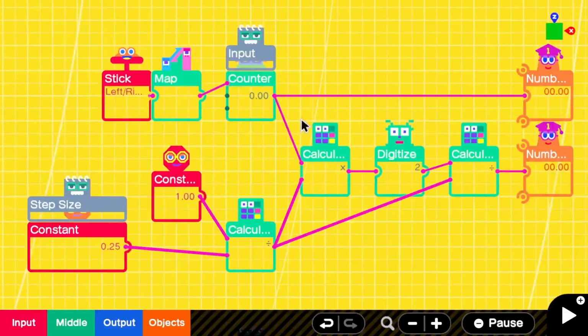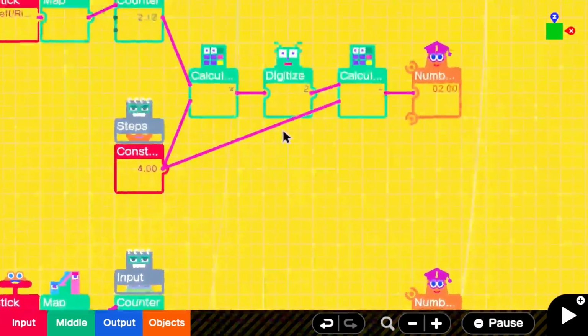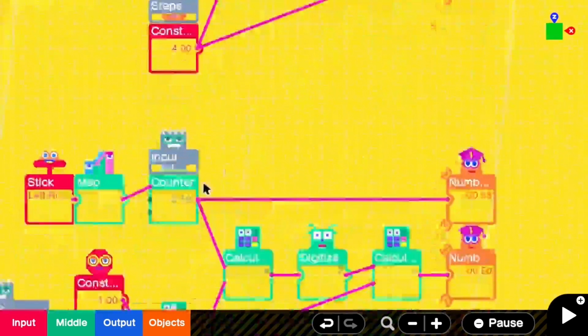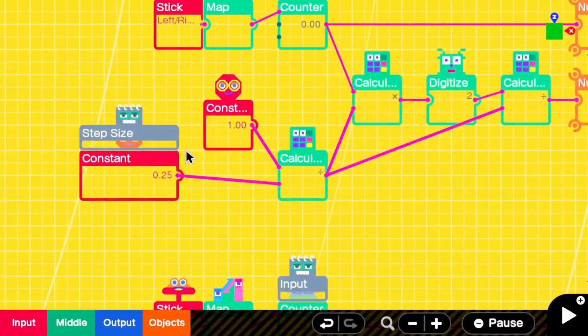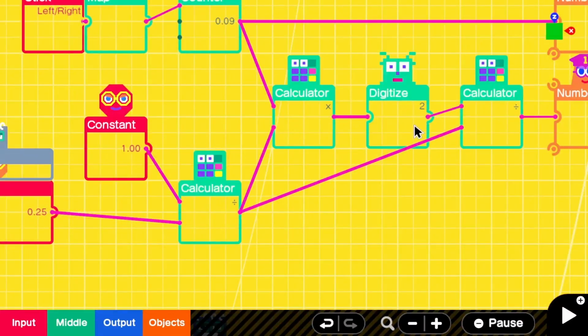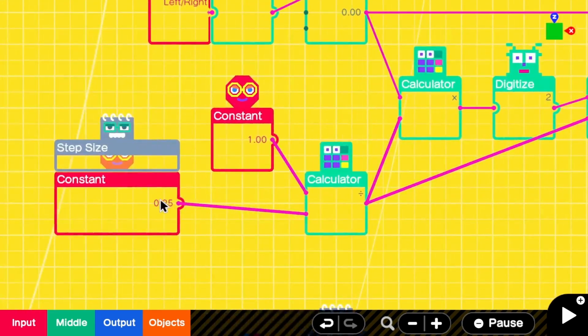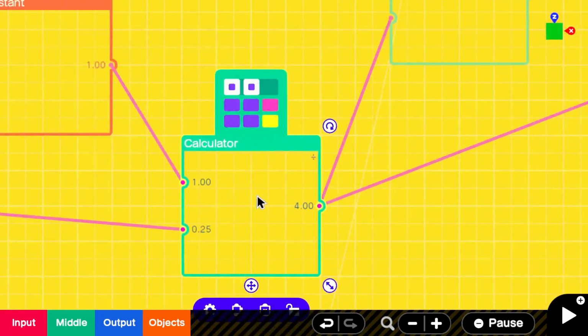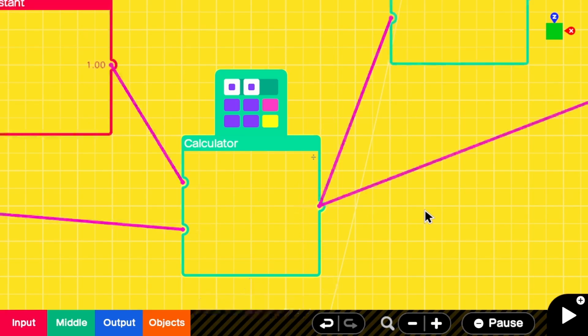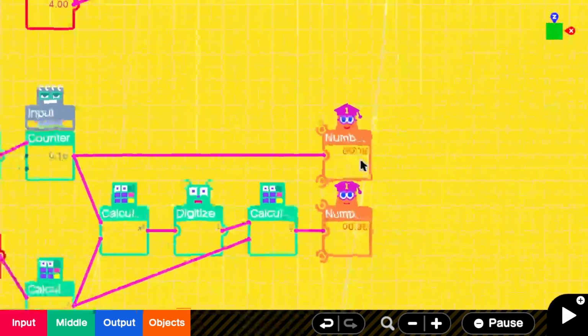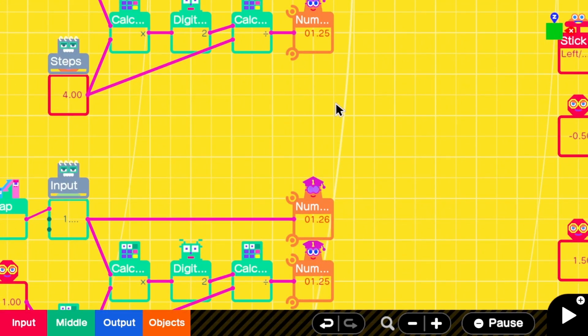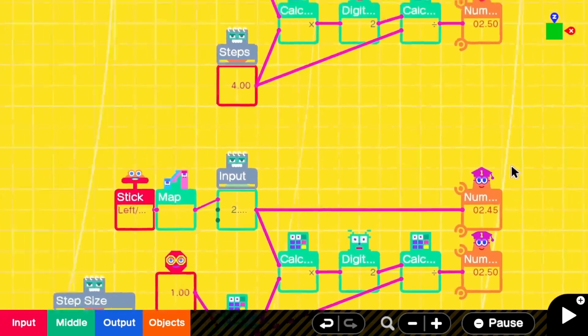So here we have the same setup as before, where instead of just the steps, we take 1 divided by step size and send that instead. So here, a step size of 0.25 is the same as having a number of steps of 4. And you can see that this does exactly the same thing as before. See there, this number object is exactly the same as that number object.